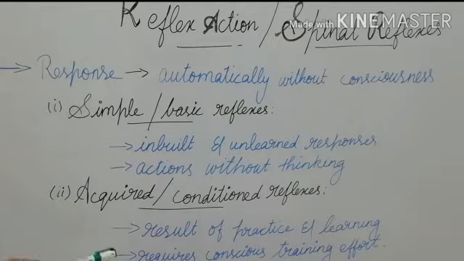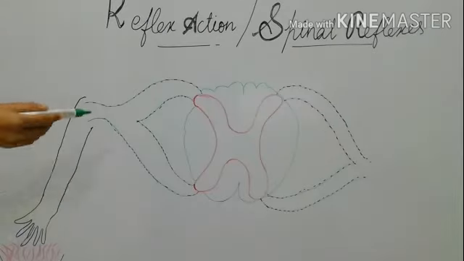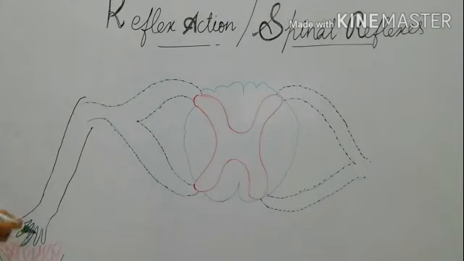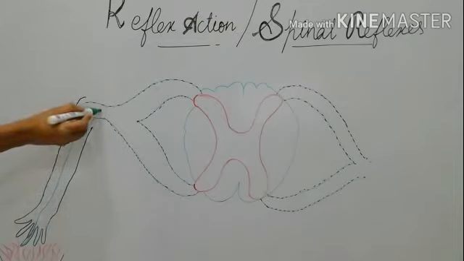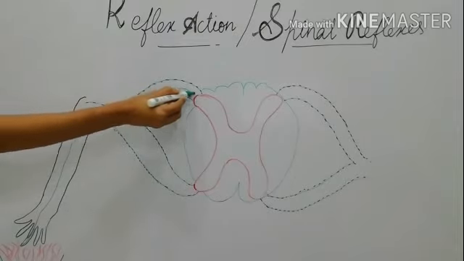Now we can see the pathway of the reflex action, how this reflex action happens in our body. Here this is the arm. When we touch a hot object, it is detected by the heat receptor, or thermoreceptor, in our hand, and the neuron converts the heat into an electrical impulse and sends it to the spinal cord.